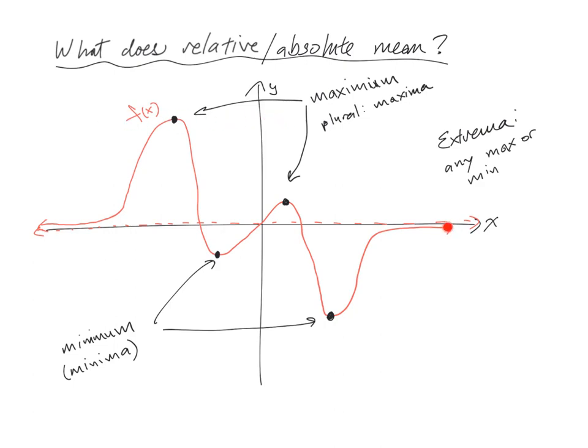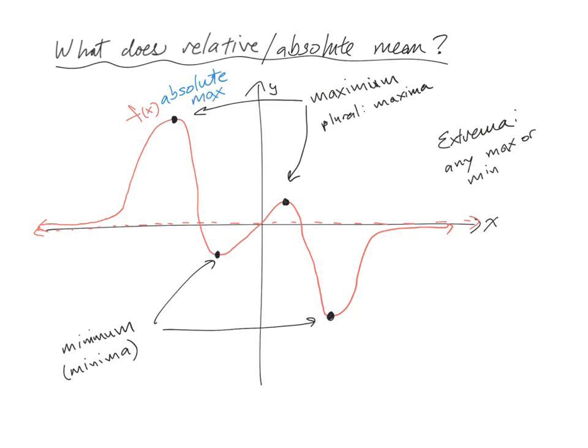The graph as it continues to the right will not go above this y value. The graph as it continues left will not go above this y value. So that makes this what we say the absolute maximum. That is the exact highest point where it'll go. So, absolute max.